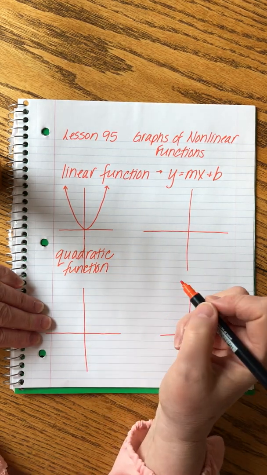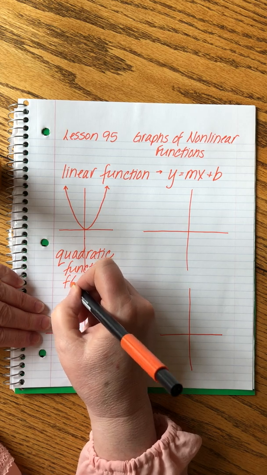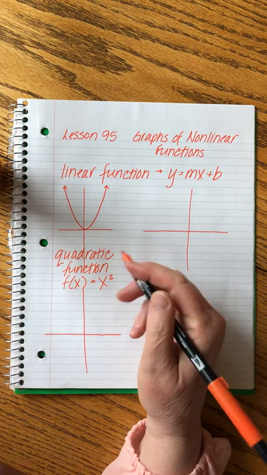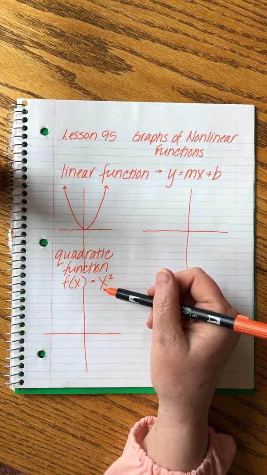And if you wanted to write it in its simpler form, that would be f of x equals x squared. A quadratic function always has a square in it, okay?